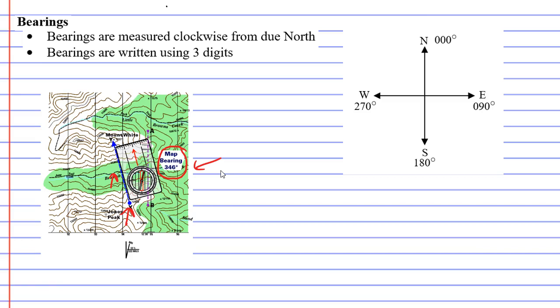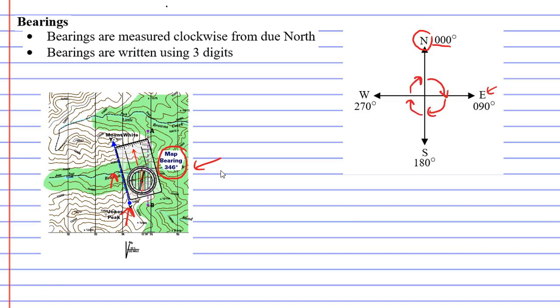You'll notice it starts with north, which is at 0 degrees, goes to east at 90 degrees, then south, then west, and so on. You'll notice that the bearings are measured clockwise from north. So if we go from north in a clockwise direction, the angles start getting bigger and bigger.